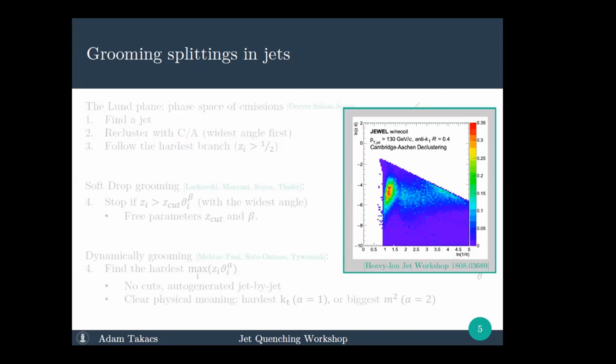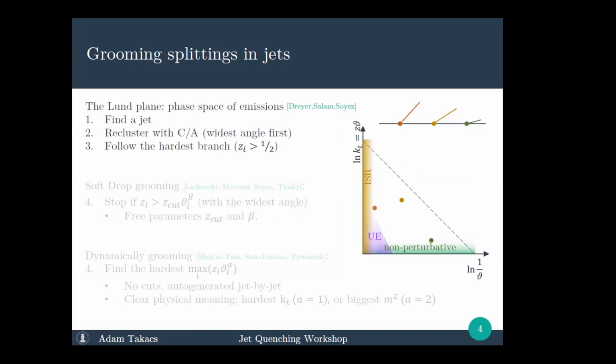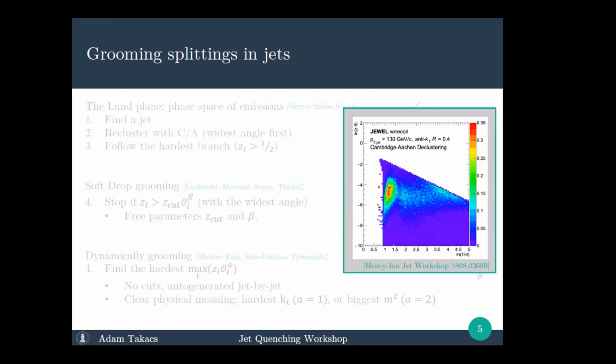What I was talking about is a vacuum picture, which is well tested. But of course, the question is, if you embed this whole thing in a medium background, you have recoil, medium response, and so on, how will this picture change? The main assumption, which was tested in some limits a couple of years ago in this workshop, is that these heavy-ion underlying properties are still well localized at wide angles and at small pT.